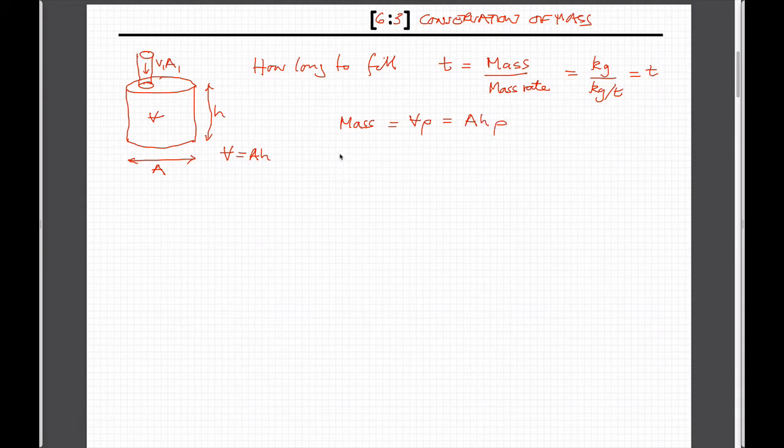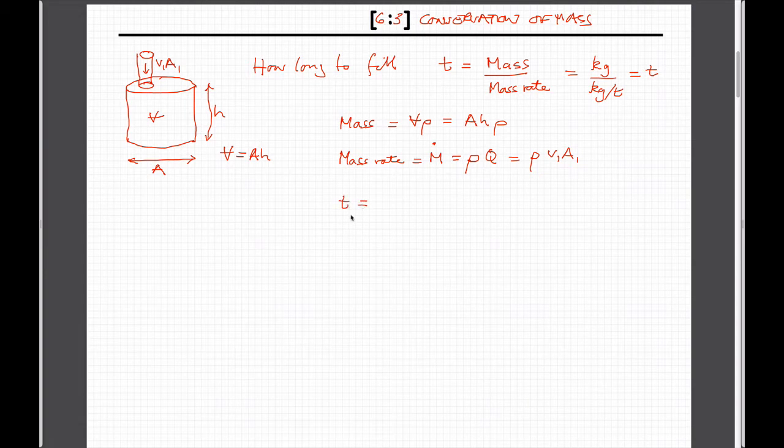And what's the mass rate? It's what we're calling m dot. It's going to be density times volumetric flow rate, and volumetric flow rate is just going to be equal to this velocity v1 times A1.